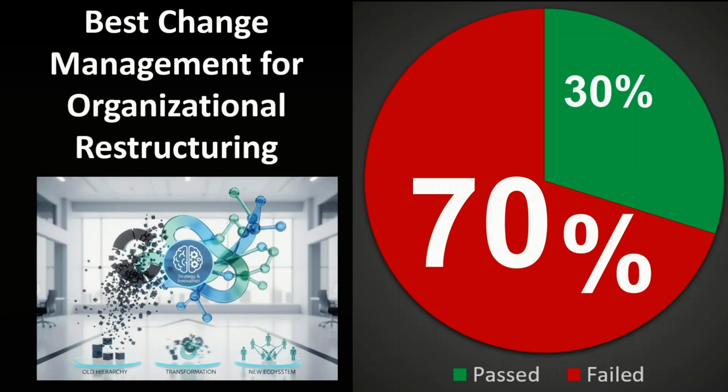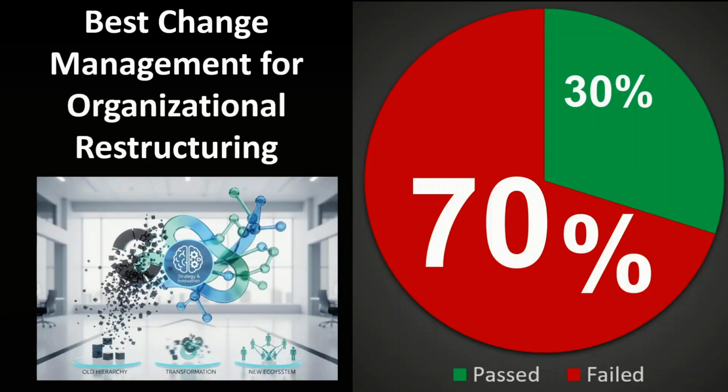When a company restructures its organization, it is a transformation that impacts every level of the business, including people, culture, processes, and systems. Unfortunately, about 70% of organizational restructuring efforts fail.